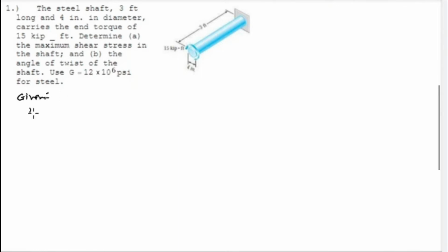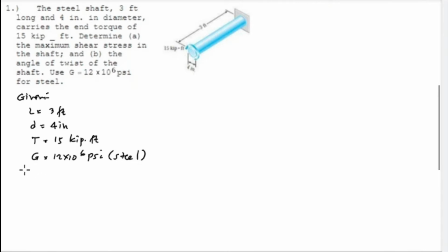So we have length L, which is 3 feet, diameter D, which is 4 inch, torque T, which is 15 kip-feet, G, which is 12 times 10 to the power 6 psi, and this is for steel.